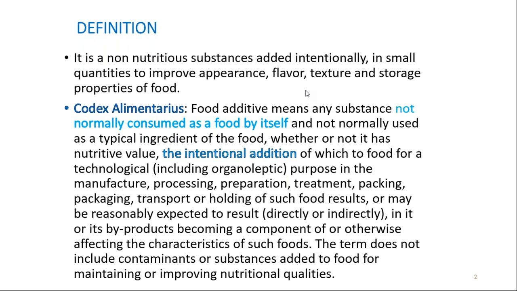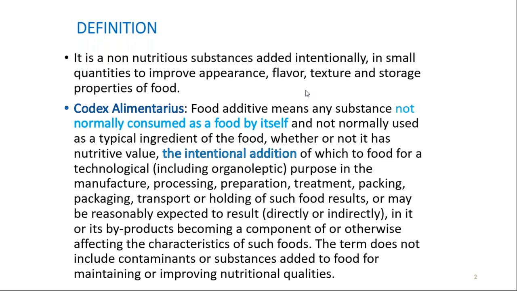It could be for the purpose of manufacture, processing, packaging, or transport of the food. And indirectly or directly, the expected outcome of adding a food additive is observed.